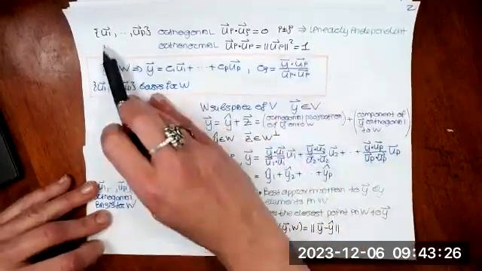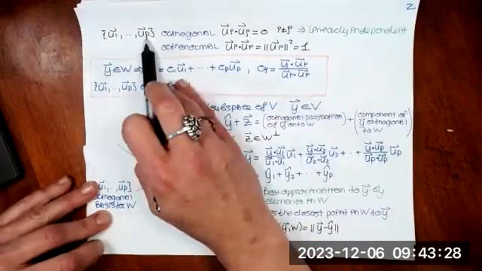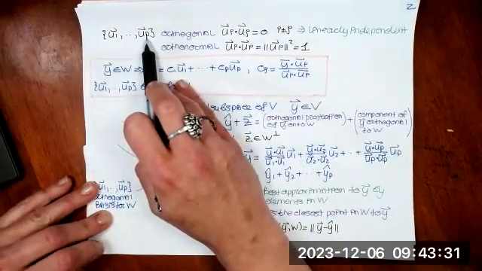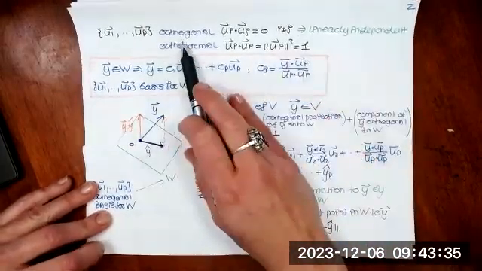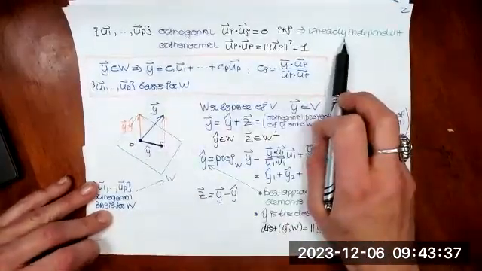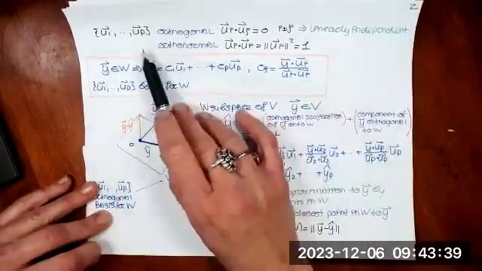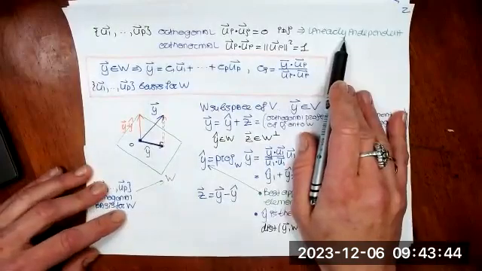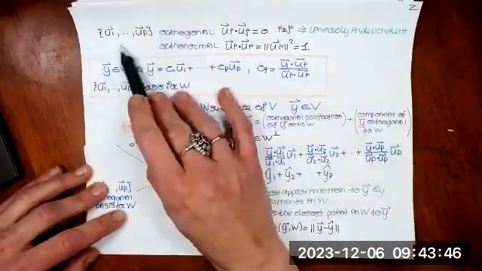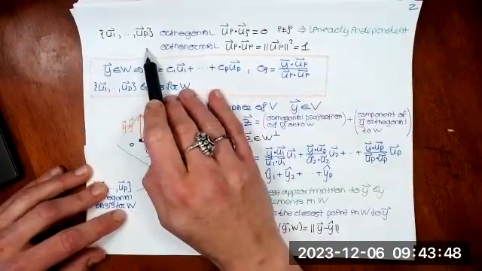And we also showed that if my set of vectors is orthogonal, it automatically makes it linearly independent. So all orthogonal sets are also linearly independent. Not the other way around, but orthogonal implies linearly independent. So orthogonal sets also generate bases for subspaces.